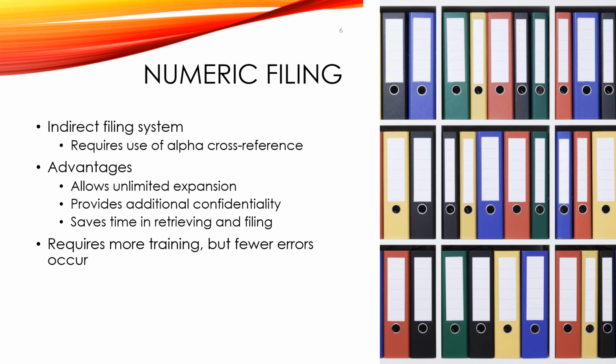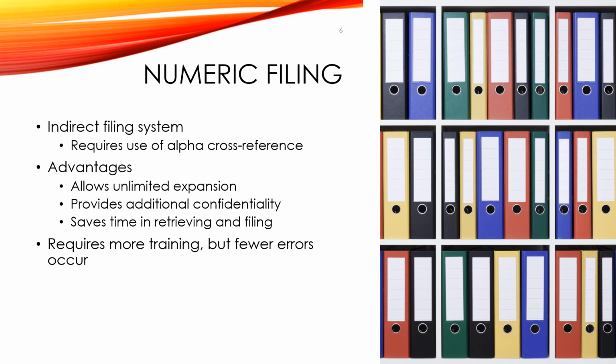He's going to come in and tell you his name, and you have to look up Mr. Smith and find the numeric number assigned to him. When retrieving a file, it's very easy to locate because you know that 2 comes after 3 and 3 comes after 4, and it's very easy to pull and access it.